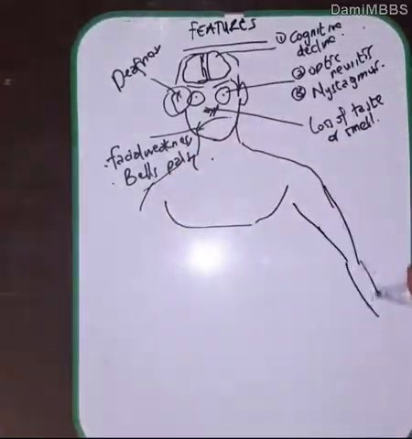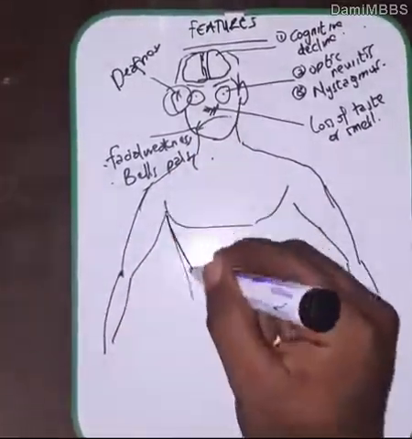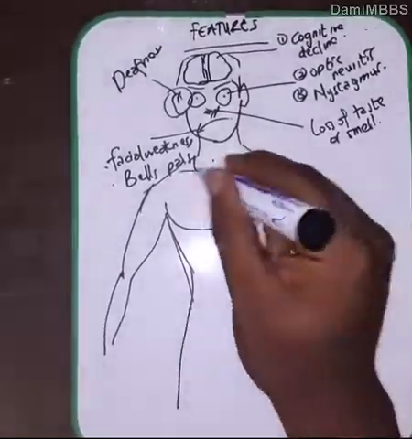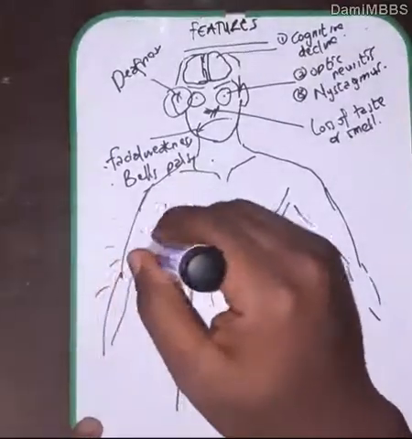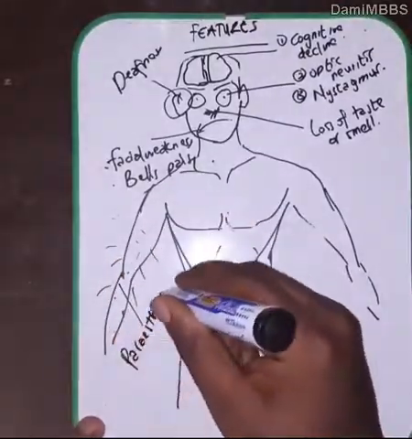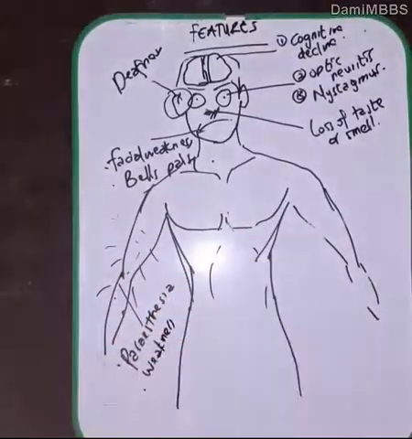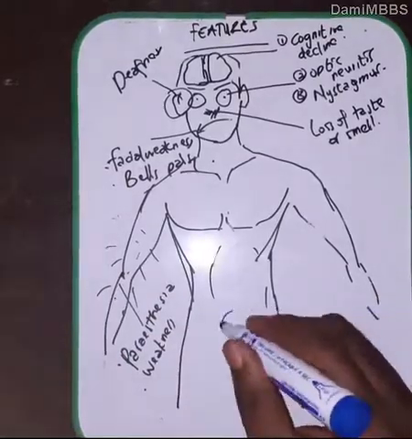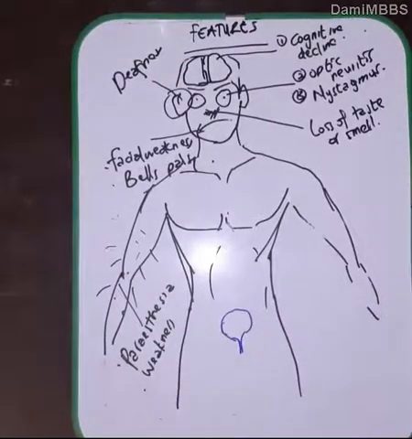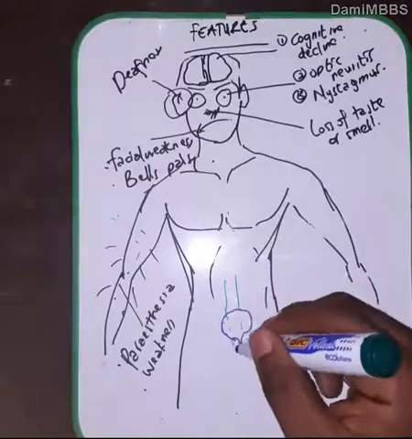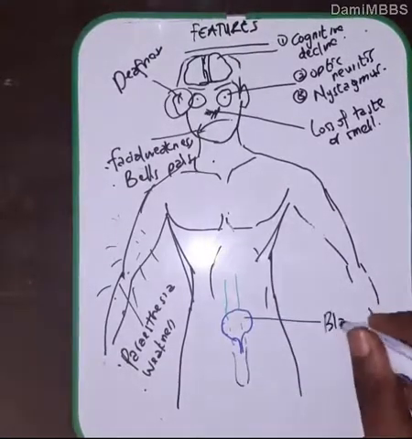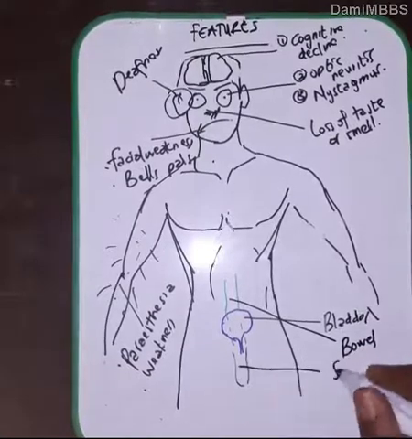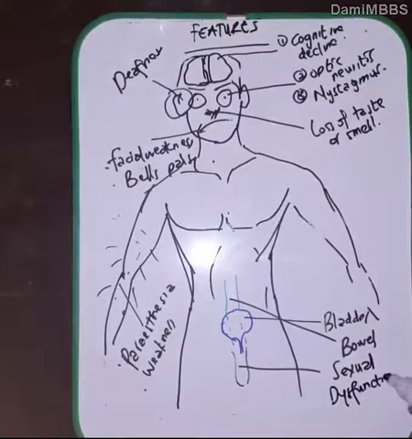They could also have paresthesia and dysesthesia, abnormal sensation, and other symptoms really. It manifests generally. And moving to the bladder and bowel, it causes bladder and bowel dysfunction and erectile problems with sexual intercourse.